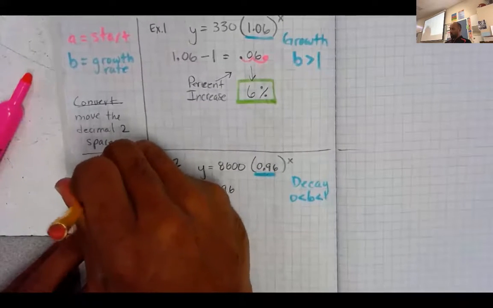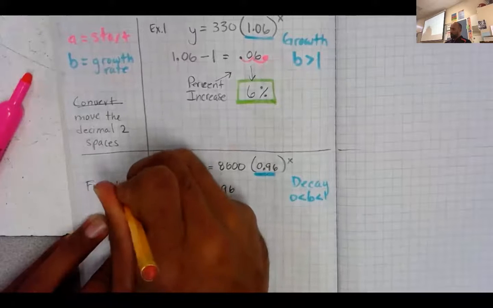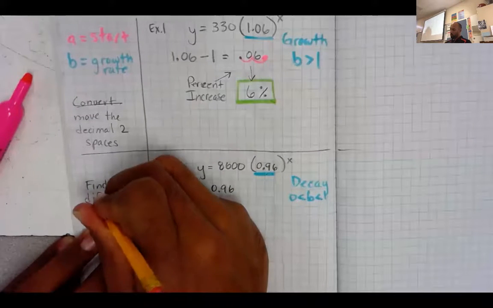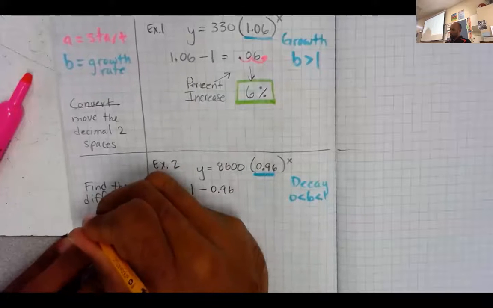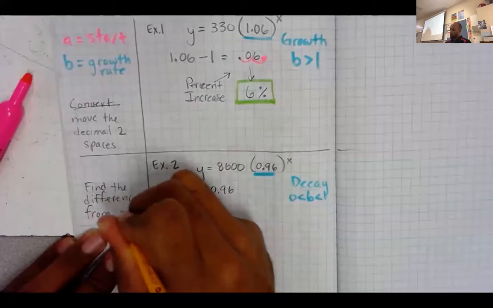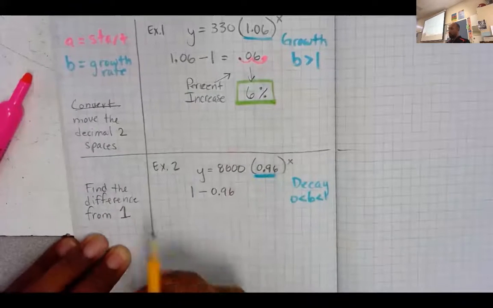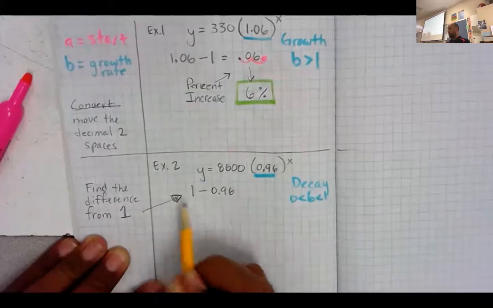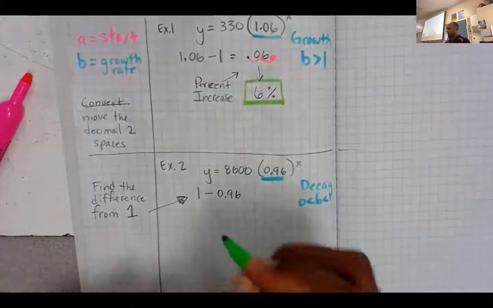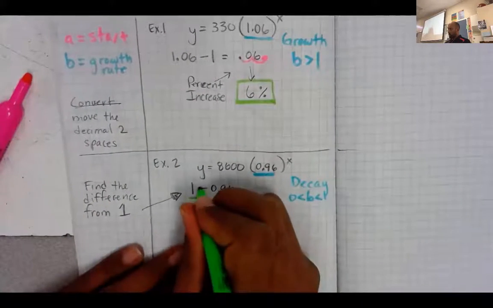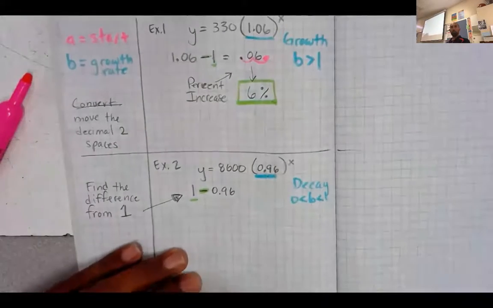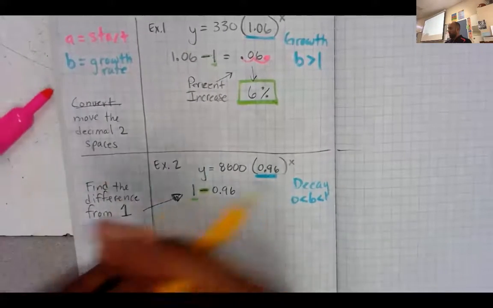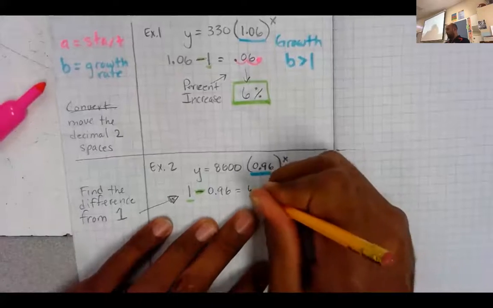So what you're doing is you're finding the difference from 1. In this case, we're doing 1 minus, whereas up here we did minus 1. All right, so I subtract those two, I get 0.04.